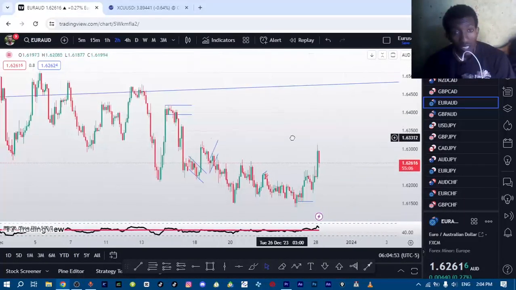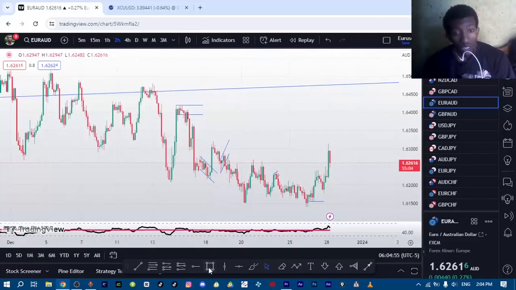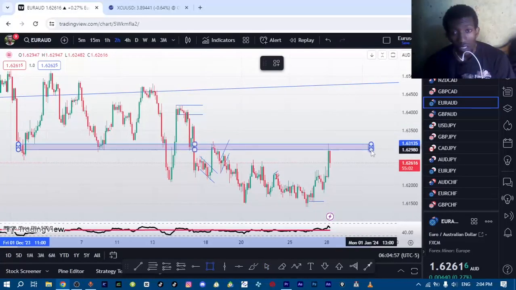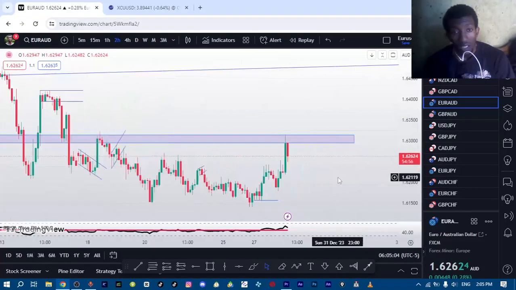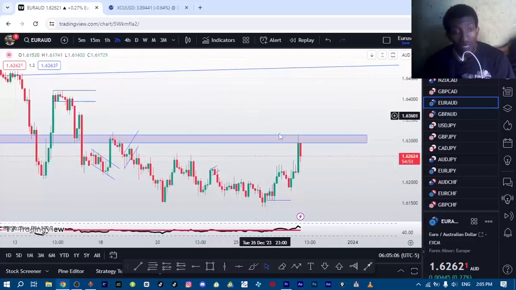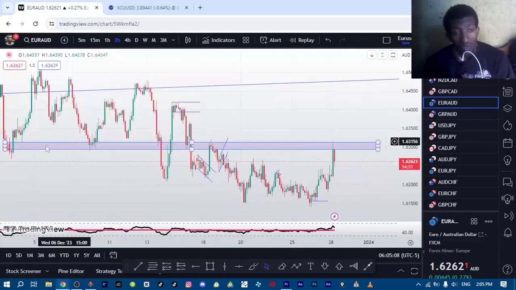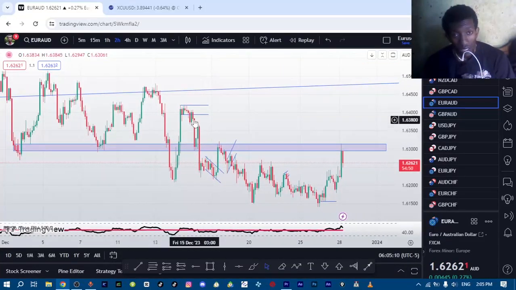If you had drawn a rectangle up there, you could have sold when the price hit that thing right there. It doesn't always happen, so you have to be careful with supply and demand concepts.